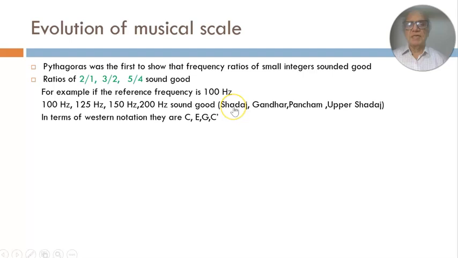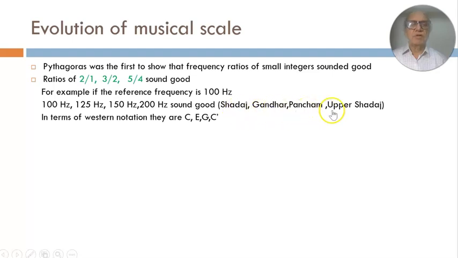So we are assuming that our base note, tonic, Shadaj is 100 Hertz. Then the upper Shadaj is 200 Hertz. This sounds good. Then consider 3 by 2. So 100 into 3 by 2 will give you 150 Hertz. And that is your Pancham. Then finally 100 into 5 by 4 will give you 125 Hertz, and that is the Gandhar.